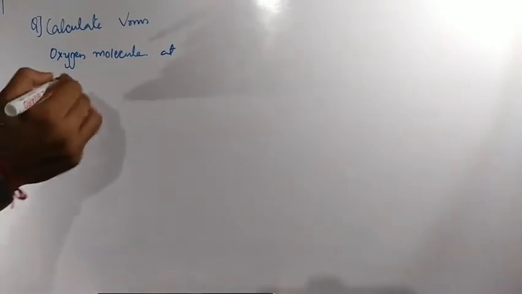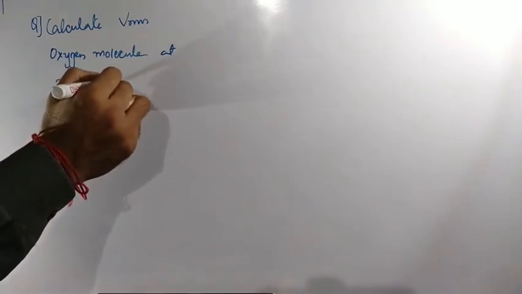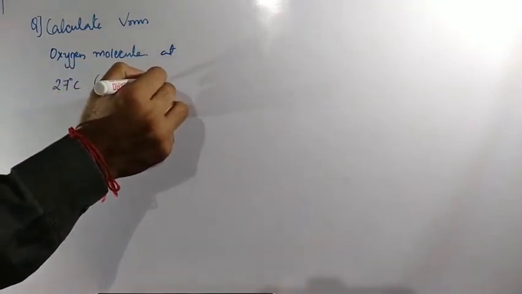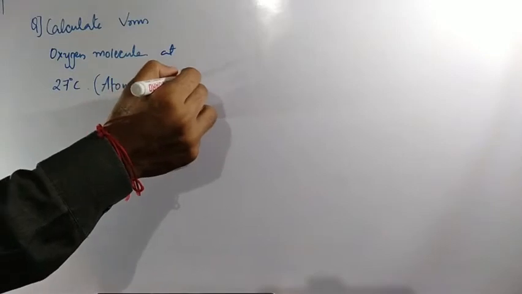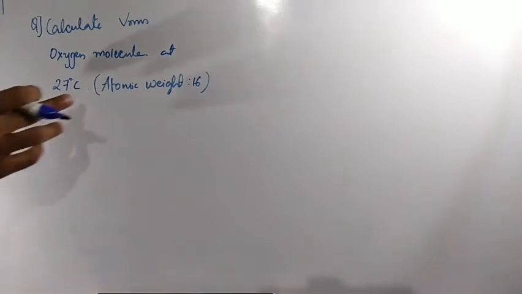Okay, given that atomic weight is 16. Yes, how can we proceed with this problem? Can anyone try? Can anyone tell me how we can proceed? Directly they are asking what is the VRMS value. And what had they given? Temperature as 27 degree Celsius.